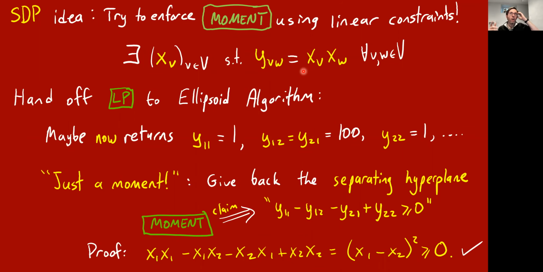Not all collections of y's are such that you can find x's that satisfy this, but some collections of y's have this property. It's hard to characterize them, and I'll explain this a bit more later, but what we're trying to do is find linear inequalities which are true of all collections of variables y which satisfy this property. It's pretty tricky, but that's what's going on.